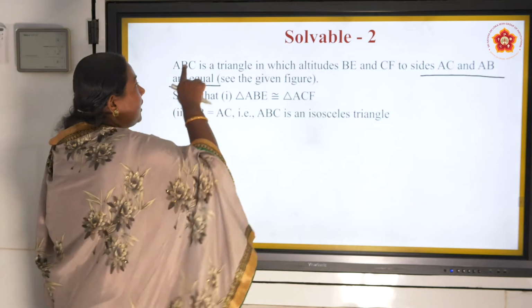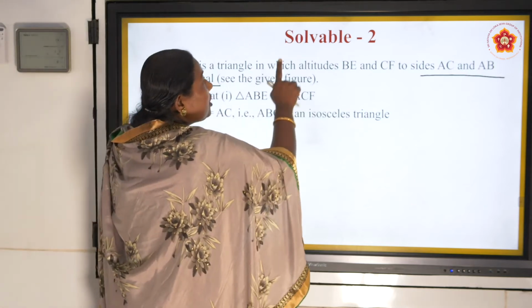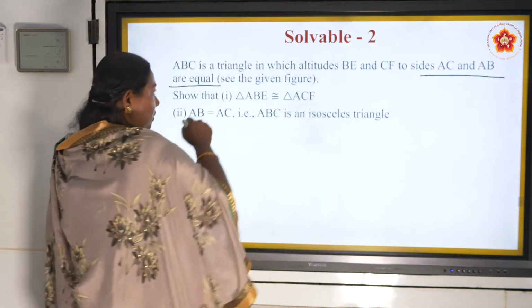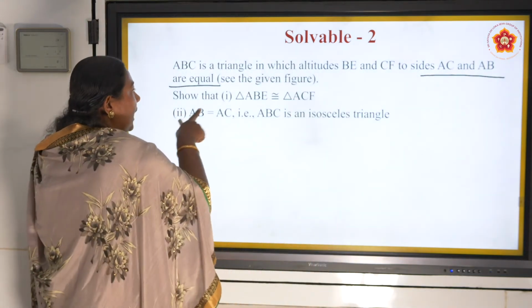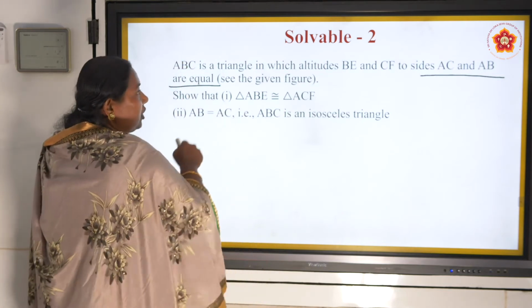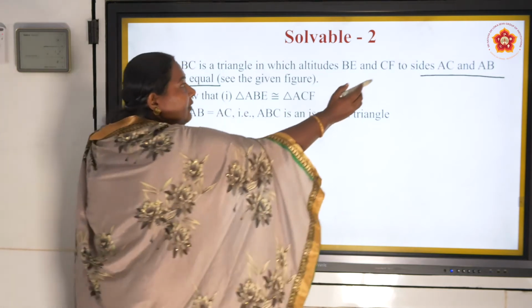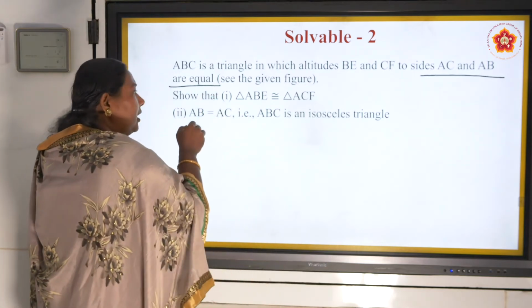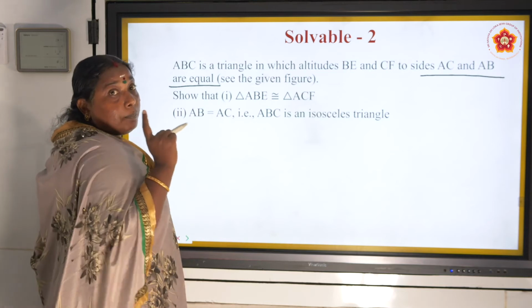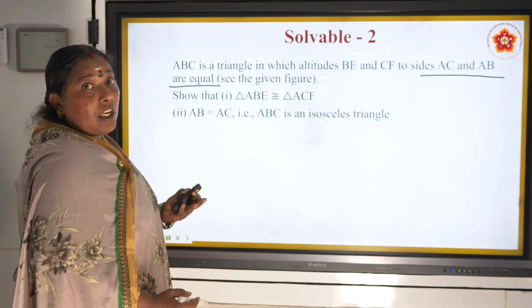Think again. Then show that triangle ABE is congruent to triangle ACF and AB is equal to AC. In the question, if they have given AC and AB are equal, then why are they asking to prove AB is equal to AC? That means we are misunderstanding.